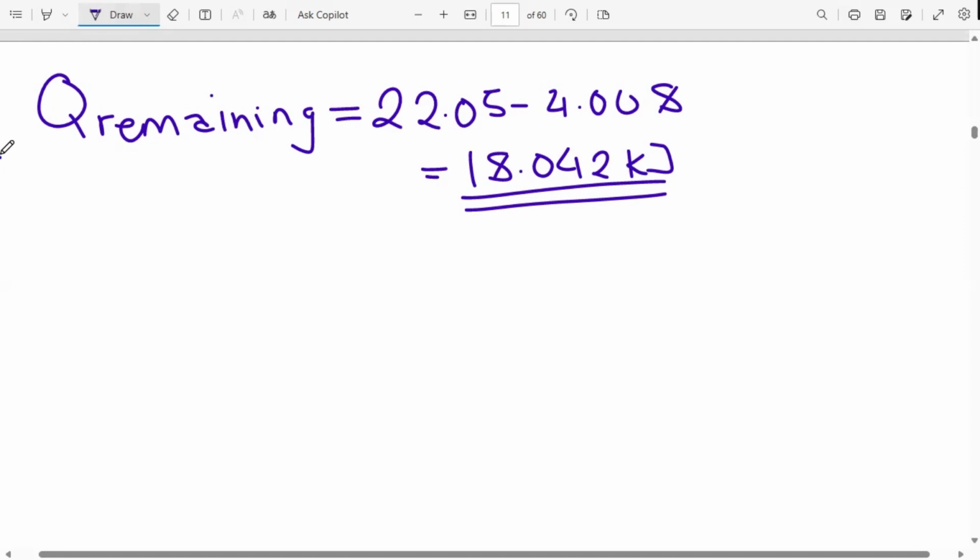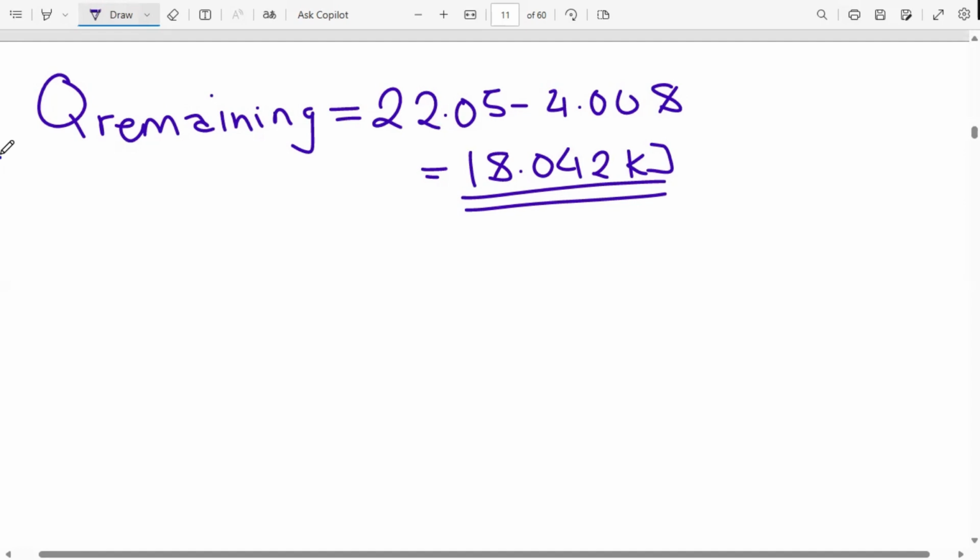Okay, so this is the amount of heat that will be responsible for raising the temperature of the mixture of the ice and drink from 0 degrees Celsius to its final equilibrium temperature.